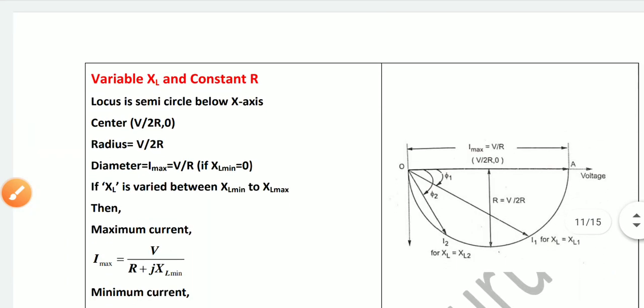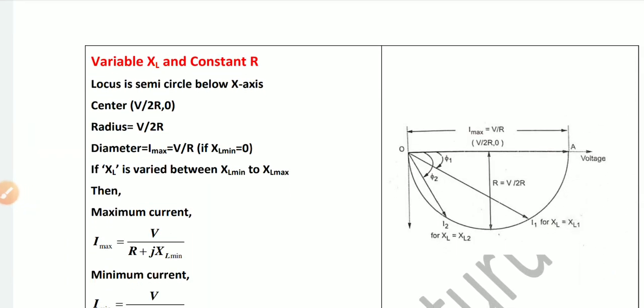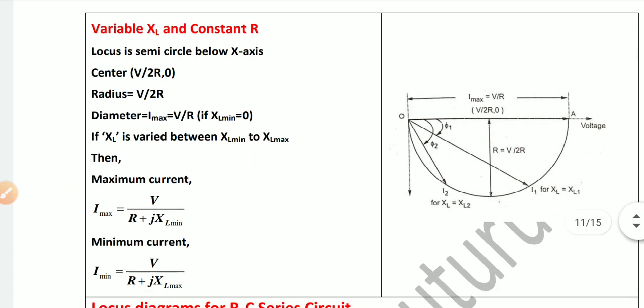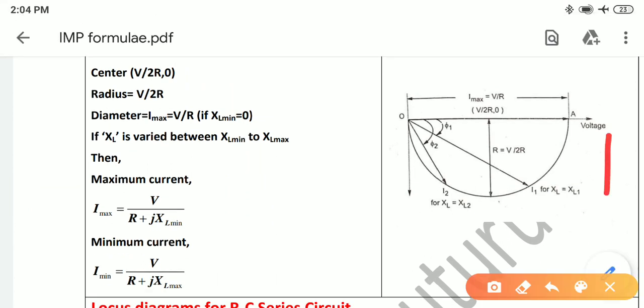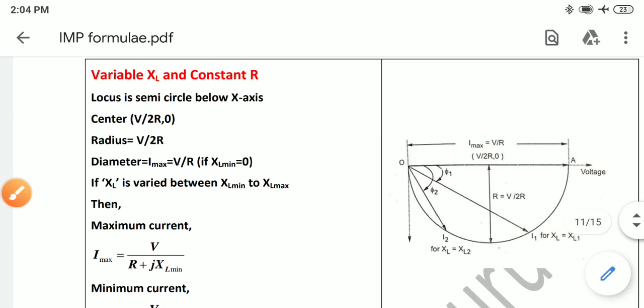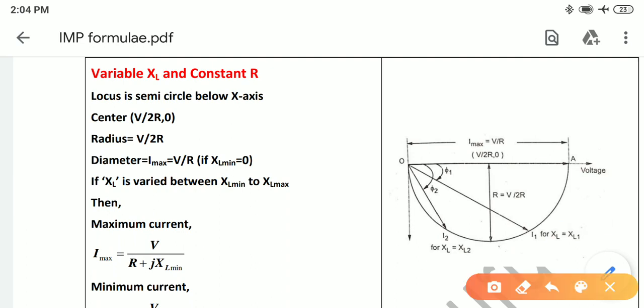Now the second case in RL: variable reactance and constant R. Here also the locus is a semicircle below the x-axis, as shown in the figure. The center is V by 2R comma 0, the radius is V by 2R, and the diameter is 2 times the radius, therefore V by R, if the minimum value of reactance is 0.